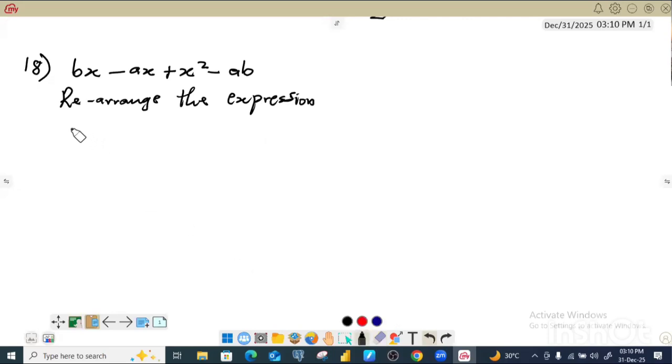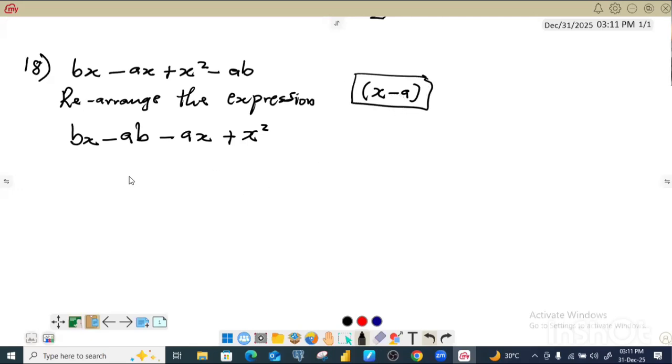So we can have bx minus ab minus ax plus x squared. This is the arrangement that will be okay, because one of the factors we are looking at is x minus a, right? Yes. So our factorization must give us this as one of the solutions.